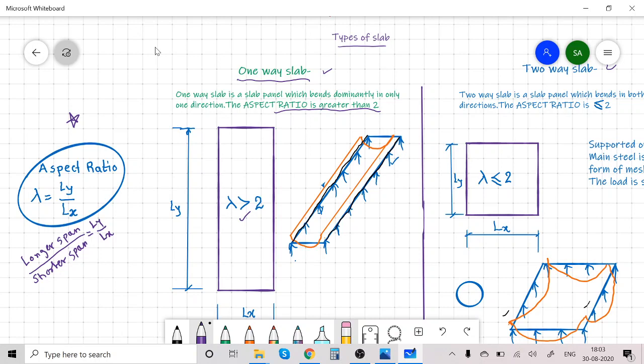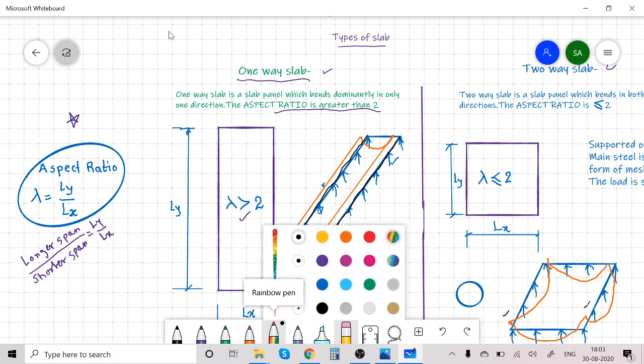than 2. Here you will find that the slab is supported on the two parallel sides, on longer sides.